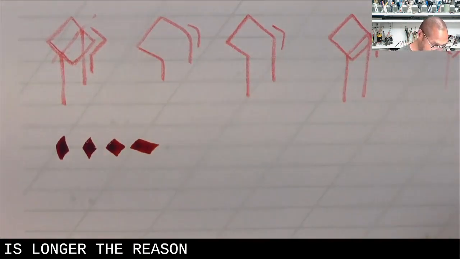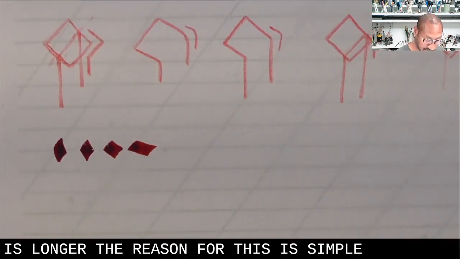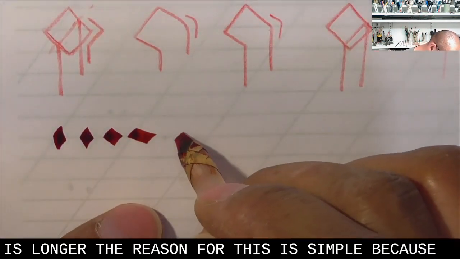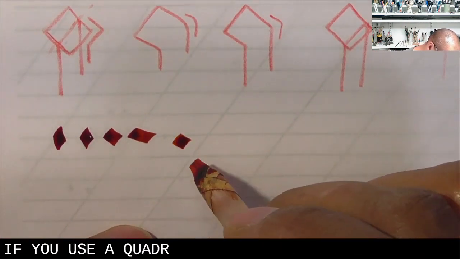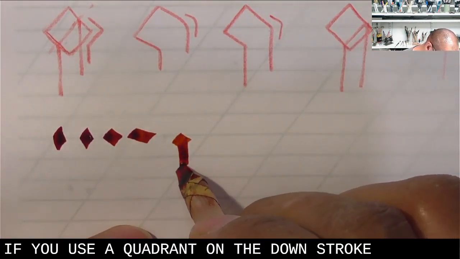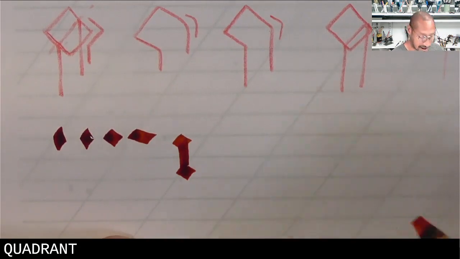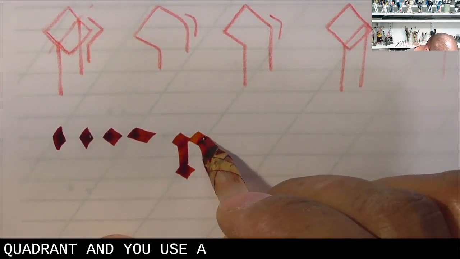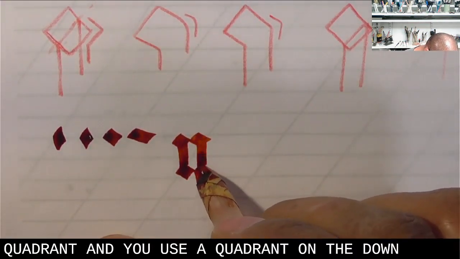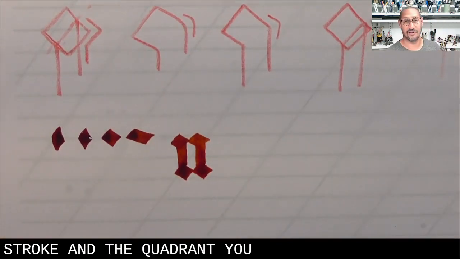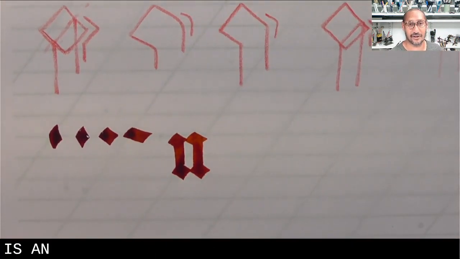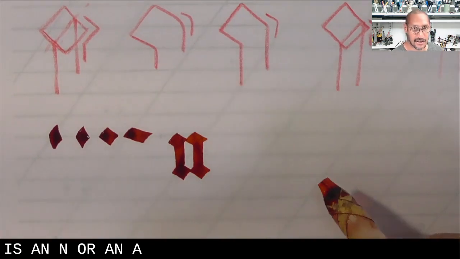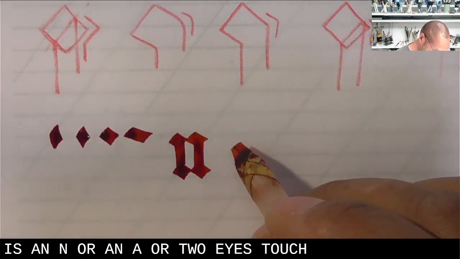The reason for this is simple, because if you use a quadrant and a downstroke and a quadrant, and you use a quadrant, a downstroke, and a quadrant, you have no idea if that is an N or an A, or two eyes touching each other.